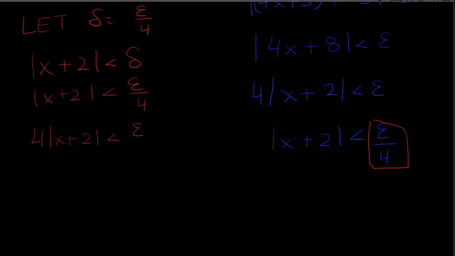And I'm going to distribute the 4 inside the absolute value. So it's going to be absolute value 4x plus 8 less than epsilon. And now I can rewrite this as 4x plus 5 minus negative 3.